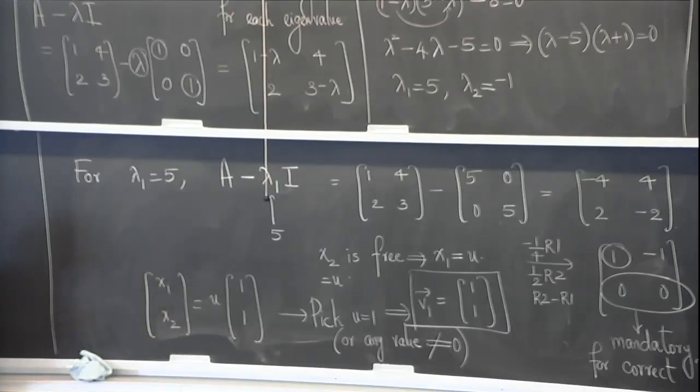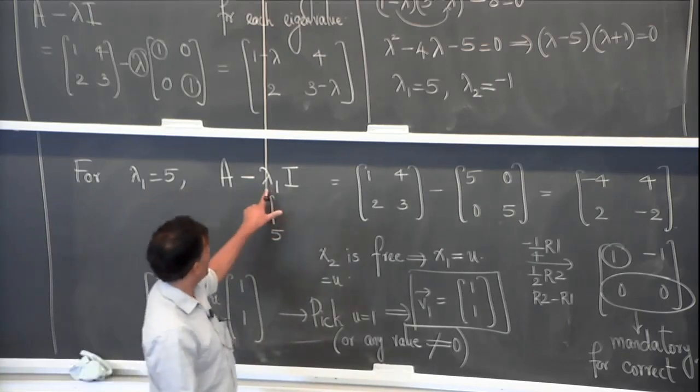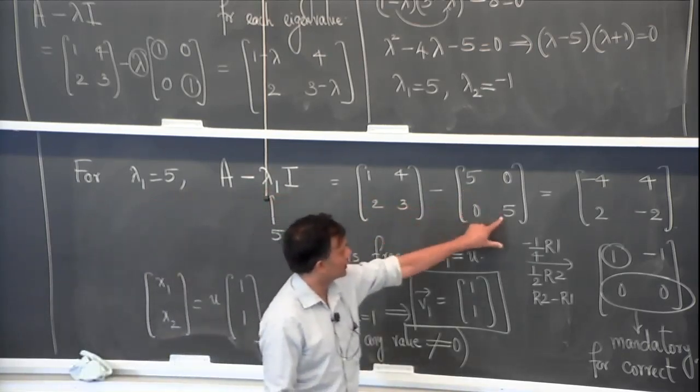All right, so can you find an eigenvector for the second one, lambda 2 equal to negative 1? So you just need to do the same process. Instead of 5, put lambda 2 here, which is a negative 1 there.